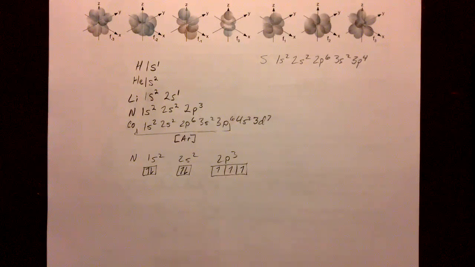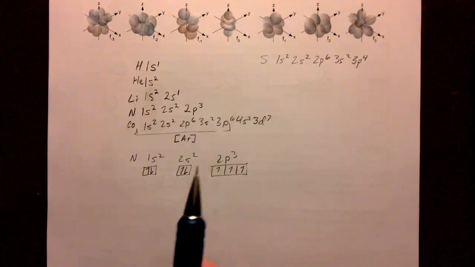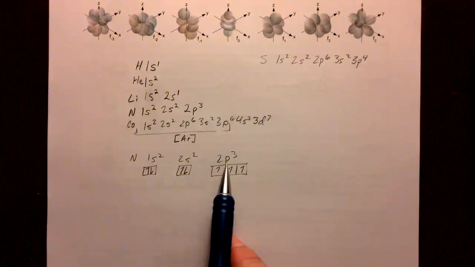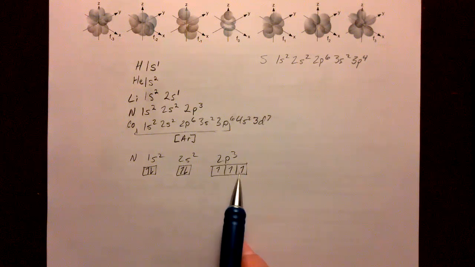There's something called Hund's rule, which says that each electron in each atom has its own unique set of characteristics. There is no other electron that is 2p X, Y, or Z. This is the X. So this is 2p on the X axis, 2p on the Y axis, 2p on the Z axis.